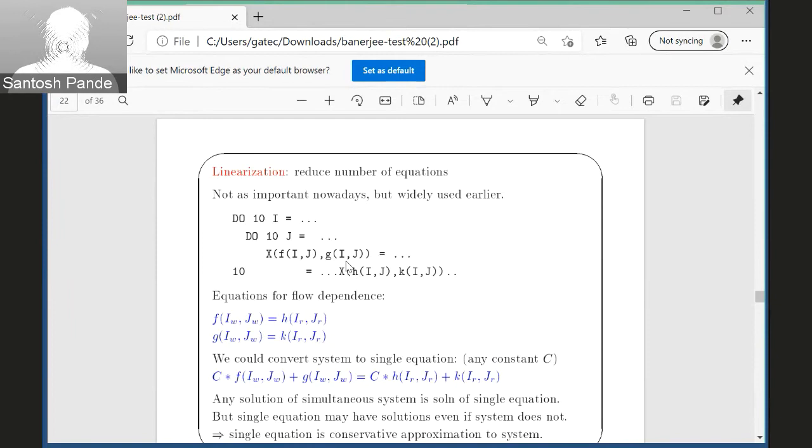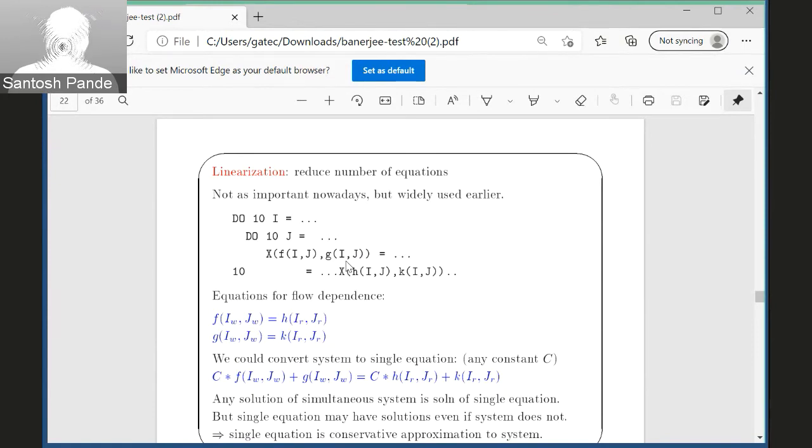And now look at this particular one system, which is C times F plus G being equal to C times H plus K. And if this gives us the dependence, then maybe we should assume a dependence on the previous one. But obviously now we are approximating. And if we carefully, however, choose this C, we can still be precise. And this is called Lagrangian multipliers.